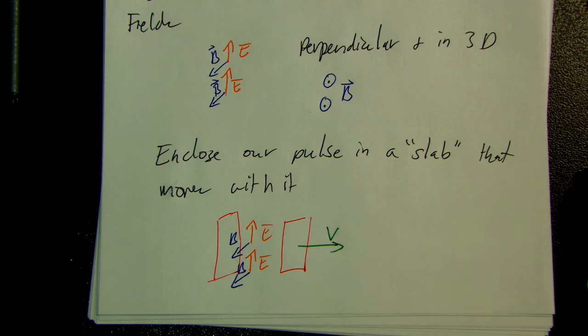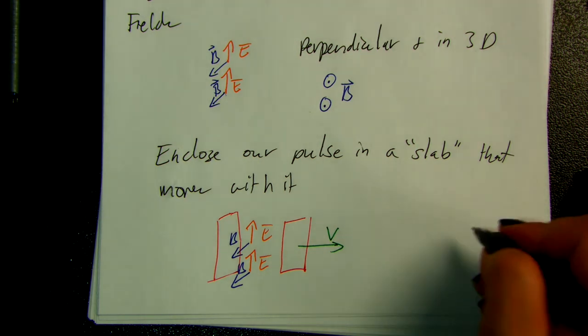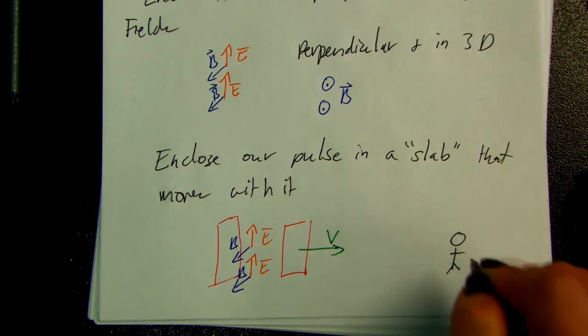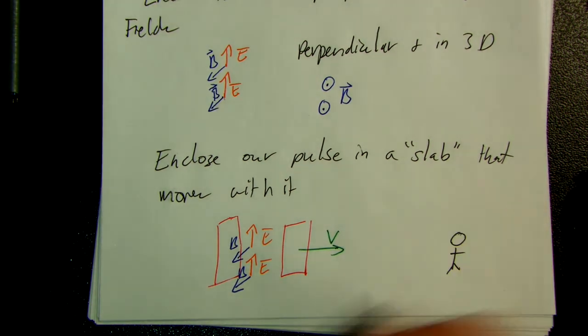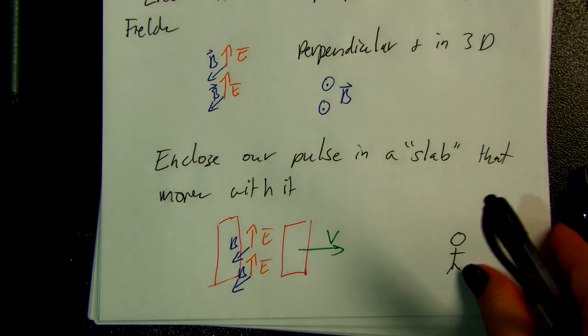And so now remember, electromagnetism and electromagnetic radiation depends on the perspective of the observer. So we need to actually make a decision about how we're going to observe this pulse. So let's say you're right here, and it's going to come towards you. So the pulse is coming towards you. Remember that picture.